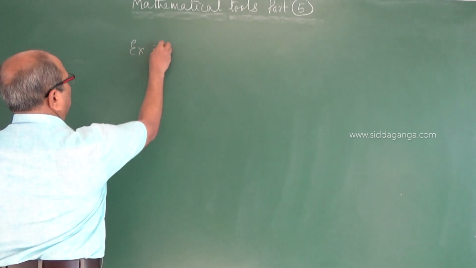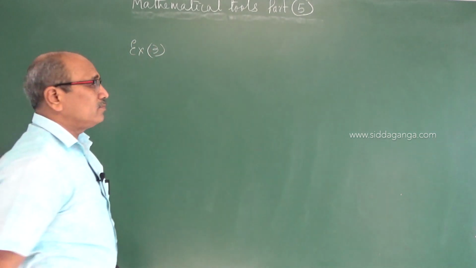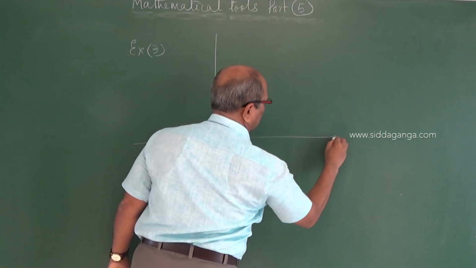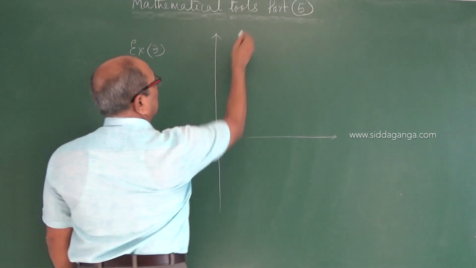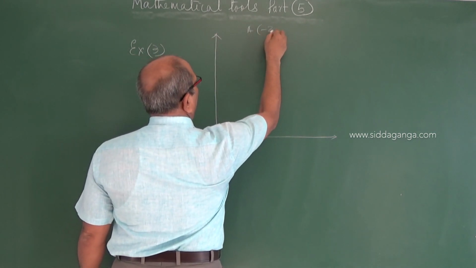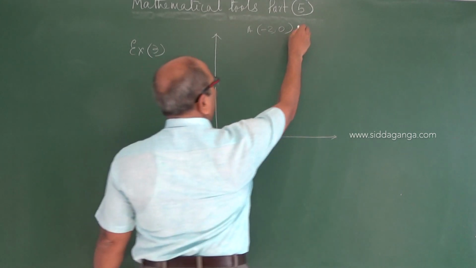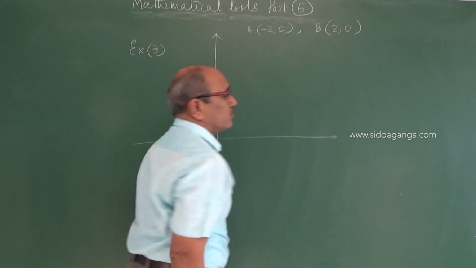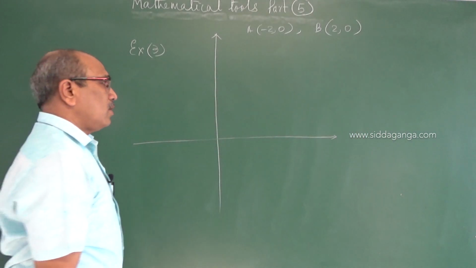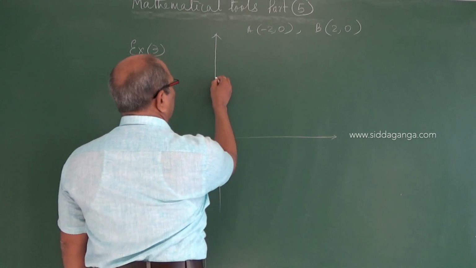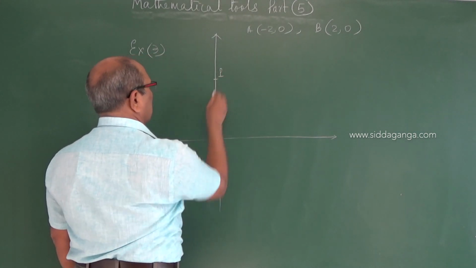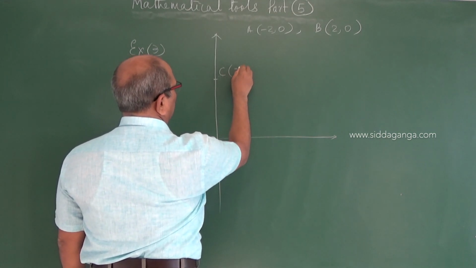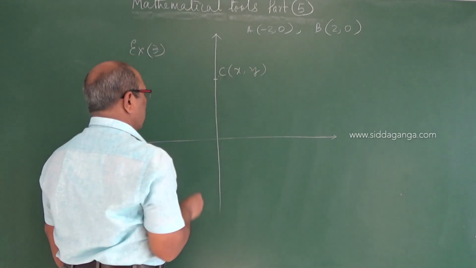Let's come to example 3. Think about the axis. One coordinate given is minus 2 comma 0. Another coordinate given is 2 comma 0. And the third coordinate they are giving is the point P, or it may be C. You have to find what are the values of x and y for this.